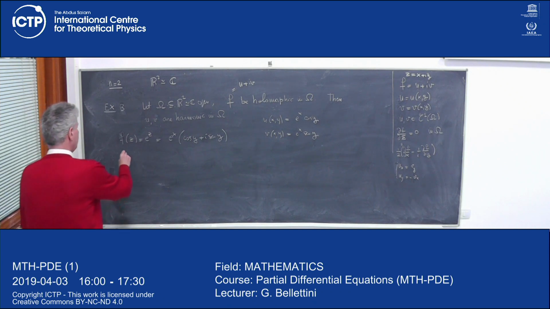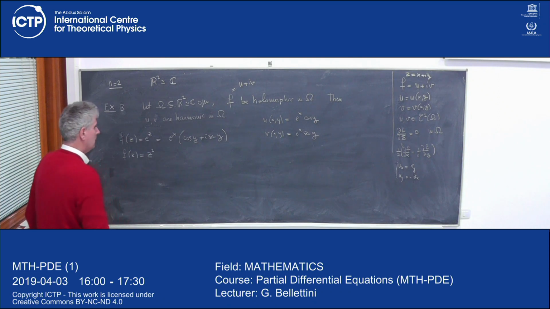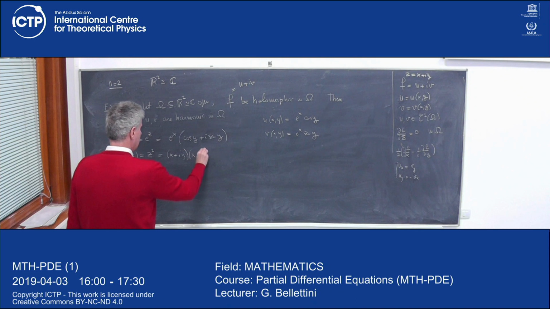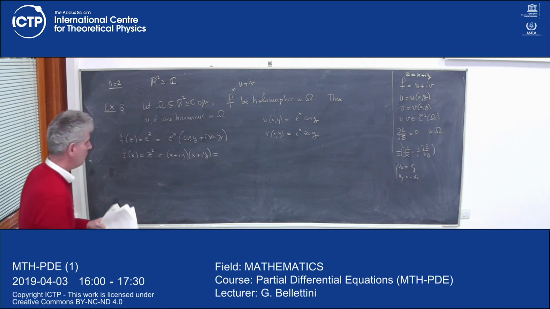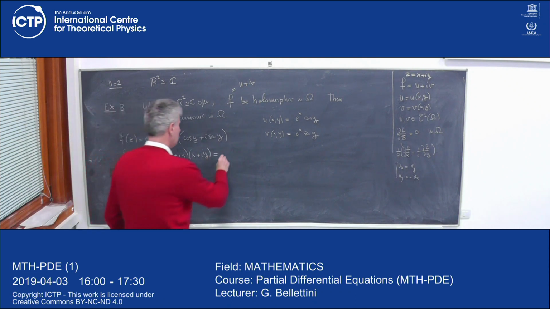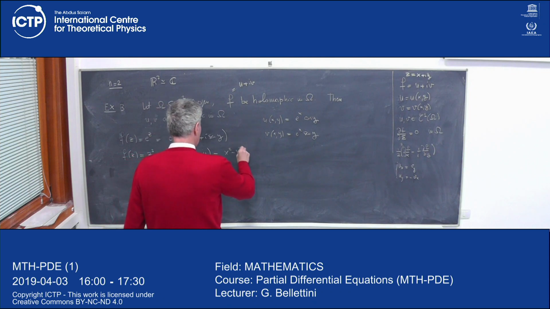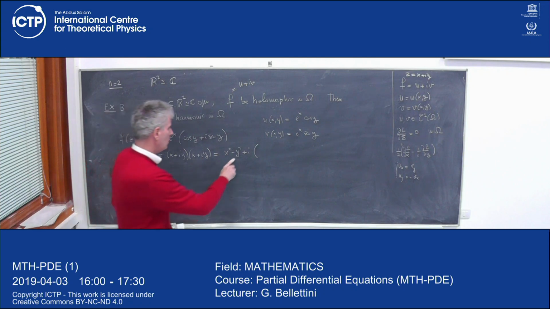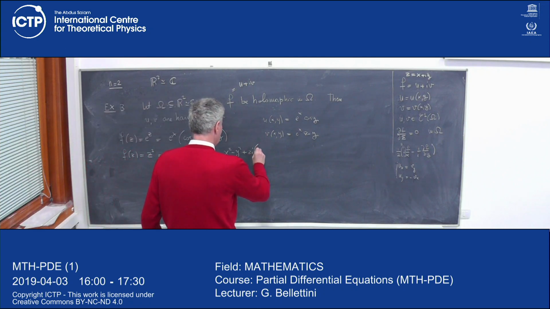Or say f of z equals z squared. So this is equal to what? It's x plus iy times x plus iy. So we have x squared minus y squared plus 2i xy.